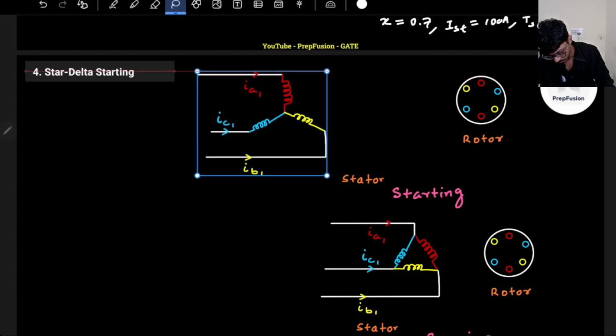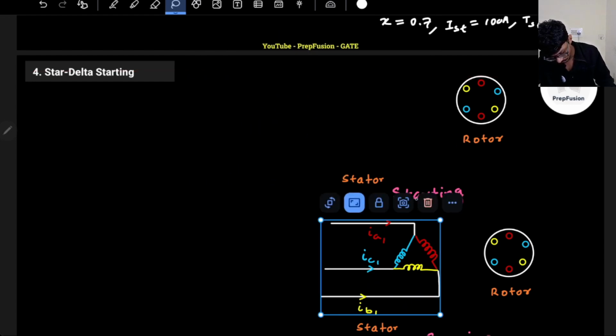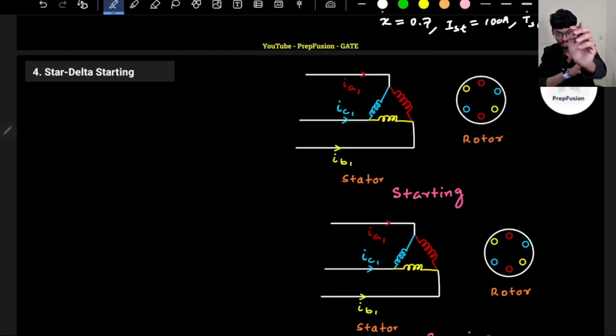So basically what we will do, by default here, in this method it can only be used if the motor is delta connected.